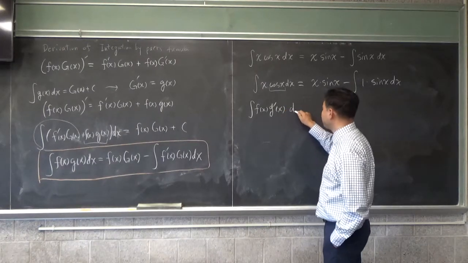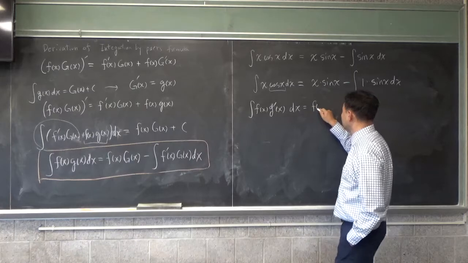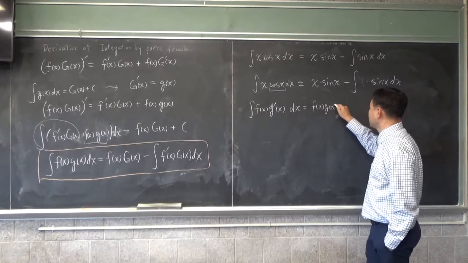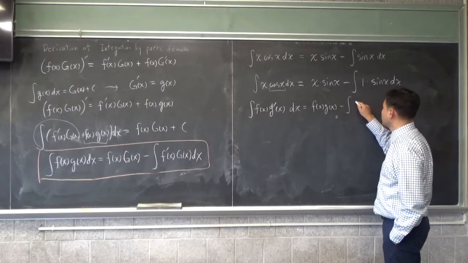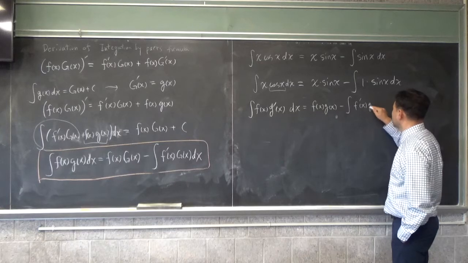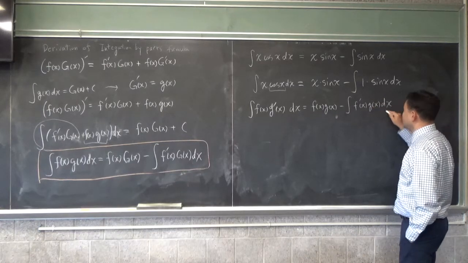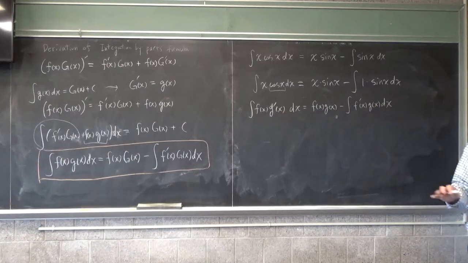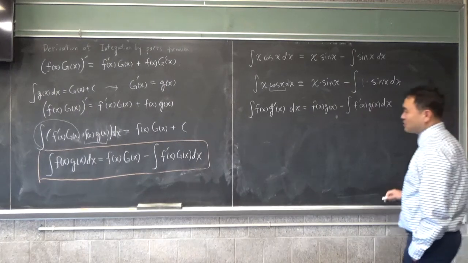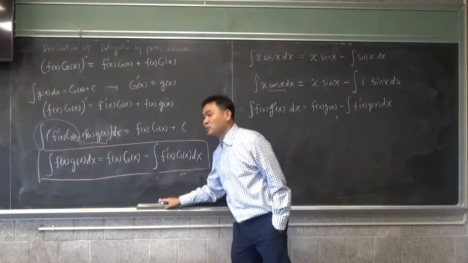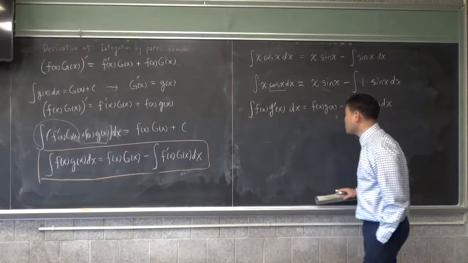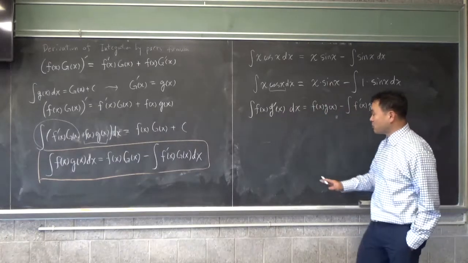So the other form that you may see in some textbooks is this one, but that's still like maybe one or two books. Probably very old books. The most modern books use the following formula.